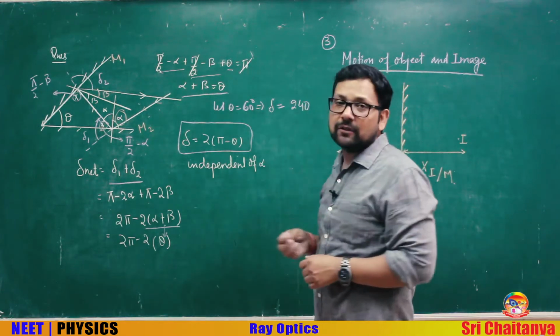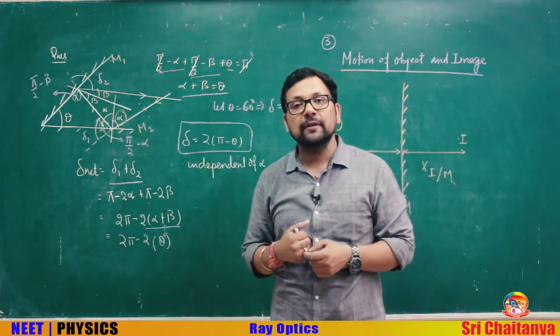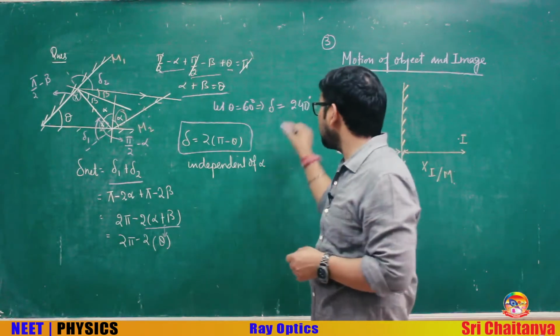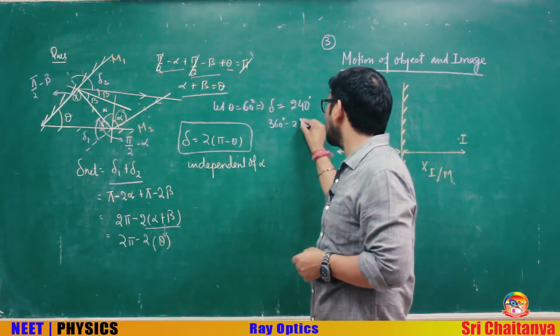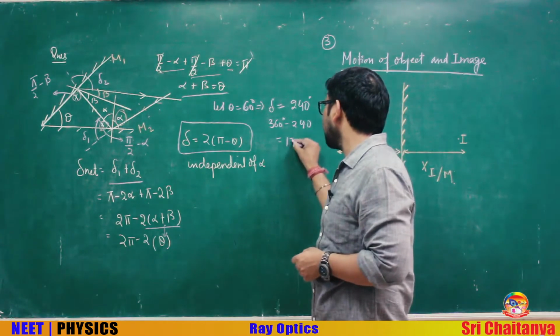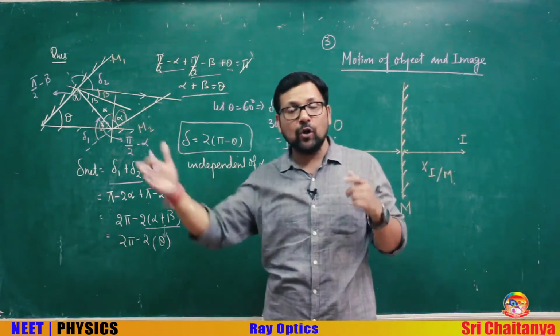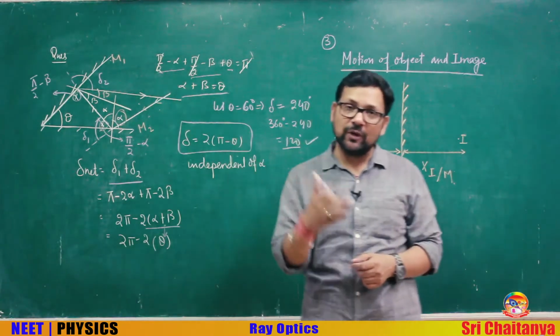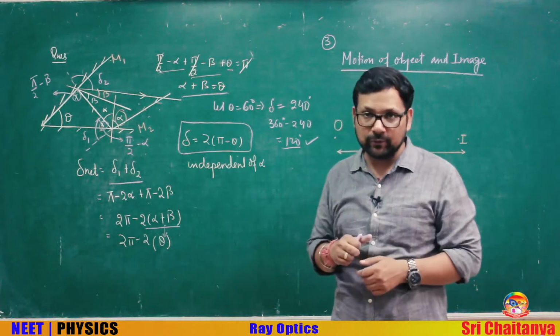Now suppose 240 degrees is not even in the 4 options, then what should we do? If 240 degrees is not there, then the deviation is 360 degrees minus 240 degrees, that is 120 degrees. And even if one option is 240 and one option is 120, you have to take 120 because you always have to write the smaller angle.